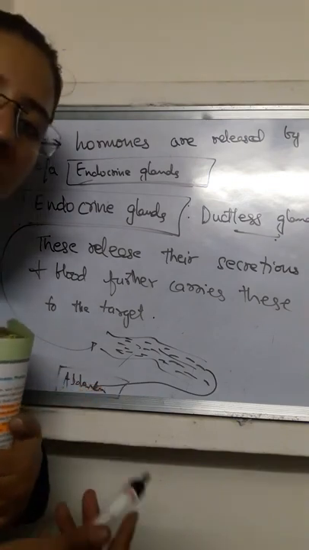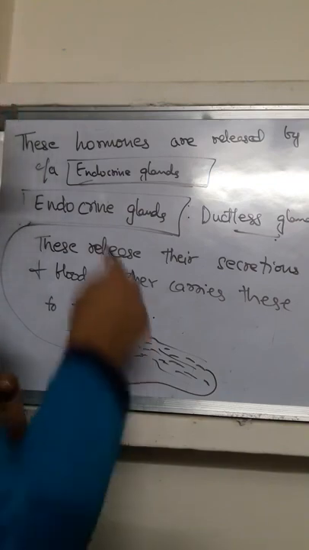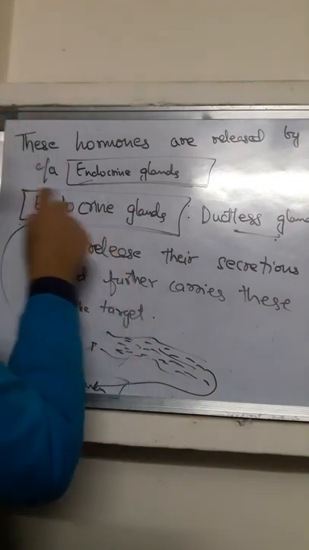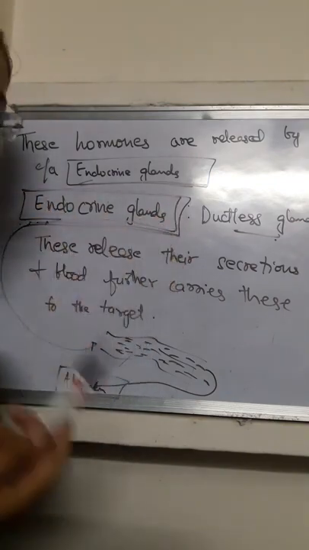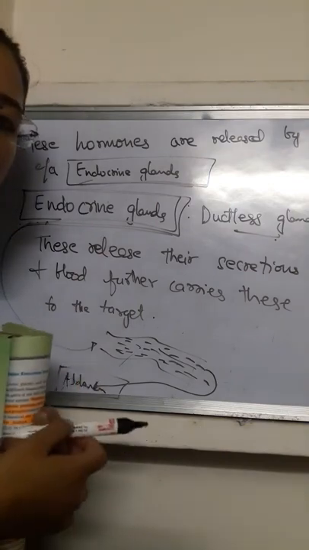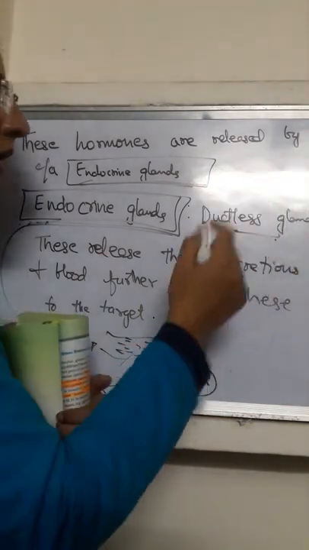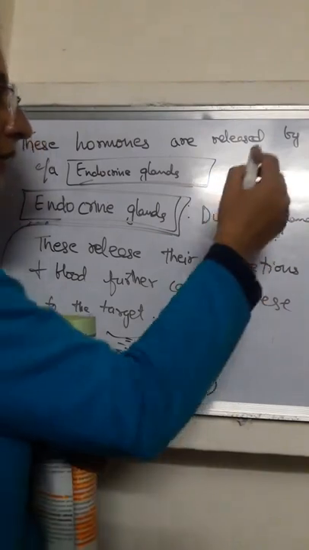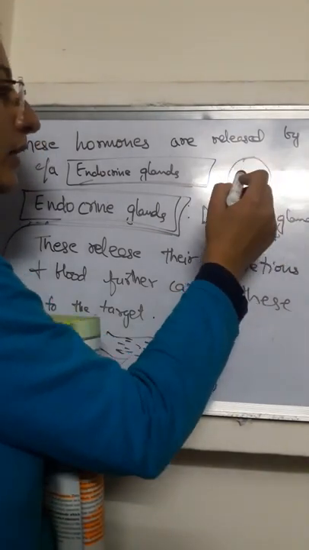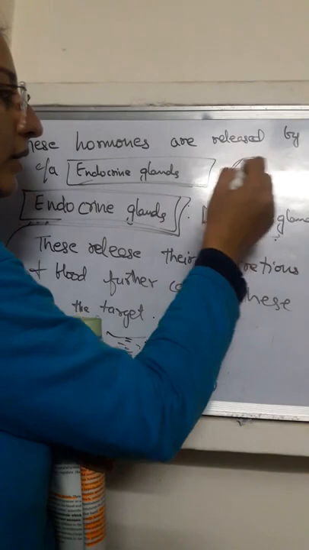So what it means? It means that the endocrine glands might not be present at the site of their requirement. For example, there is a requirement of a hormone near the stomach area.